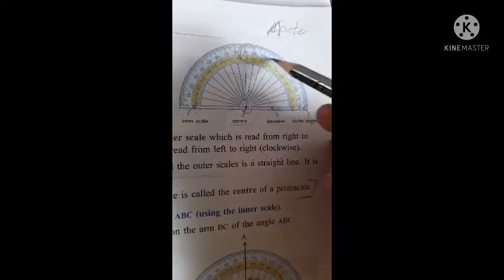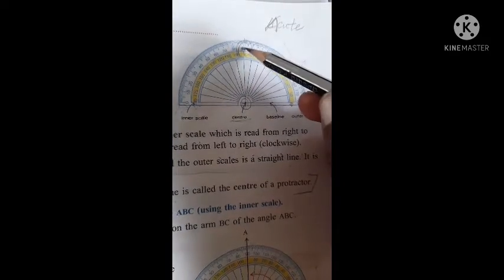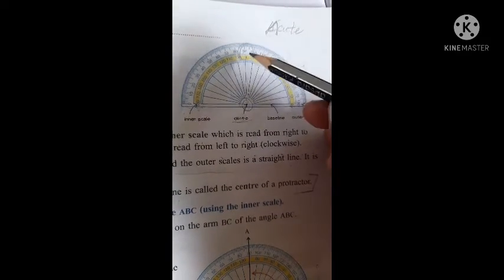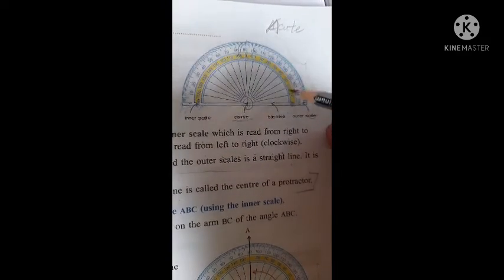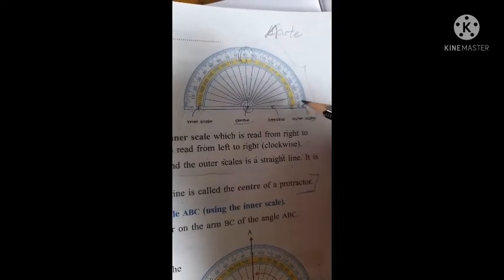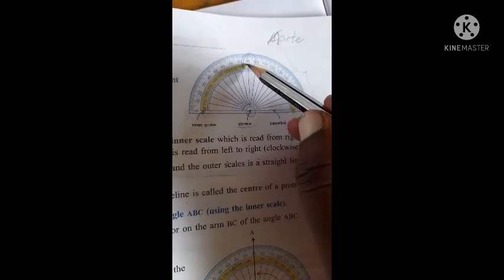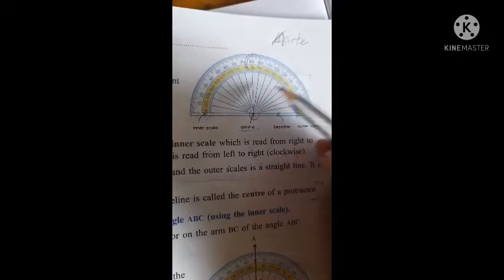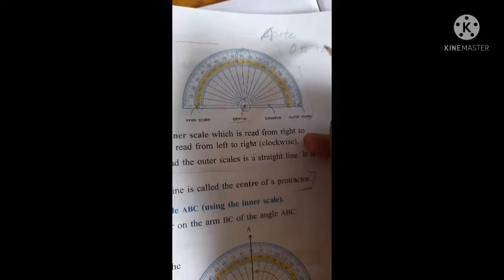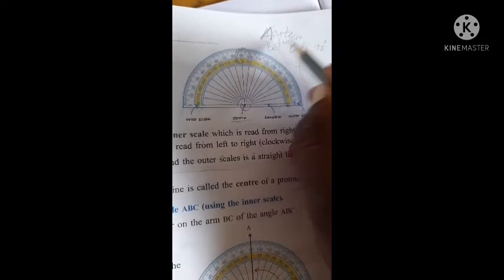When you are seeing right to left, you need to see the inner scale 0 to 90. If the angle comes in between 0 to 90, it is called an acute angle. The word you should keep, children, is between.